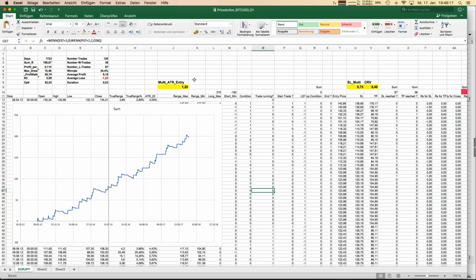So the strategy behind, I think it was a webinar close to Christmas, and there you find the details of the real strategy behind. And that's called price action, because if the action goes in one direction, then the assumption is it goes further. And that's exactly what Bitcoin is doing.